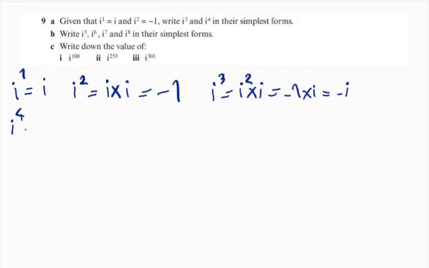i to the power of 4 is i squared times i squared. i squared is -1, times -1, which is 1.